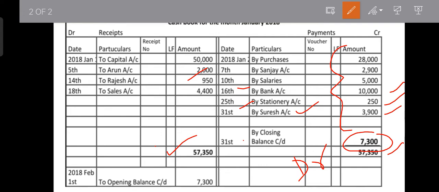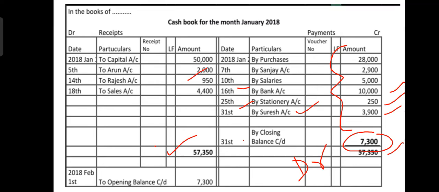Cash book never shows a credit balance. Cash book showing a debit balance means we have that much cash in our business, in our cash box. If the cash book is showing a credit balance, that means we paid more than the balance. Okay, without cash we cannot make a payment, so the cash book never shows a credit balance.